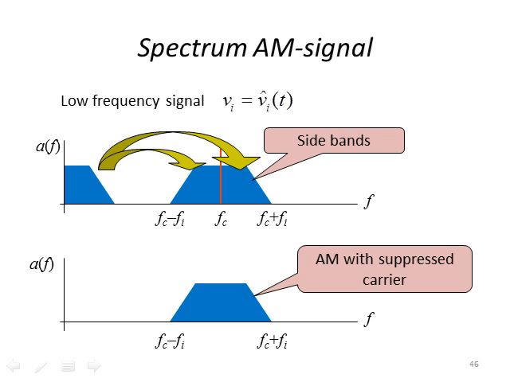And then we can also have another form of an AM signal where we have the suppressed carrier. So this is an AM signal with a suppressed carrier. It only transfers your input signal at the frequency Fi that's been modulated to this higher frequency Fc, which is our carrier frequency.